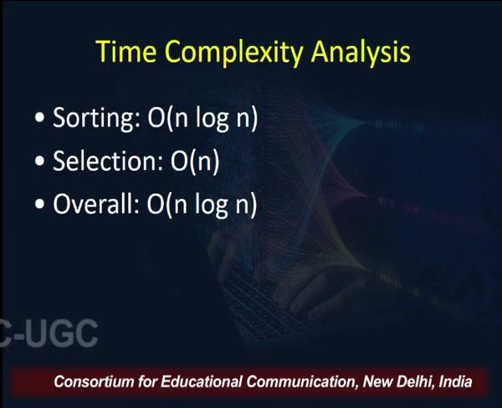Looking into the space complexity, we need to sort the items and store those V by W values and so on. So, order n is the space complexity used for storing the items.